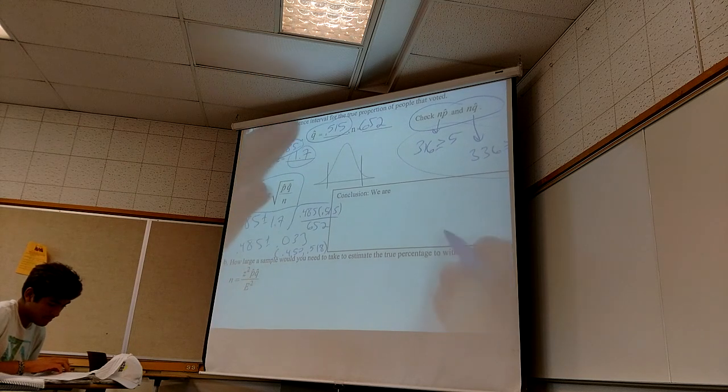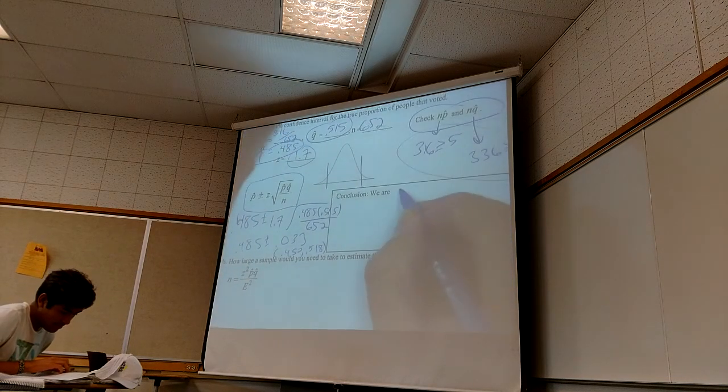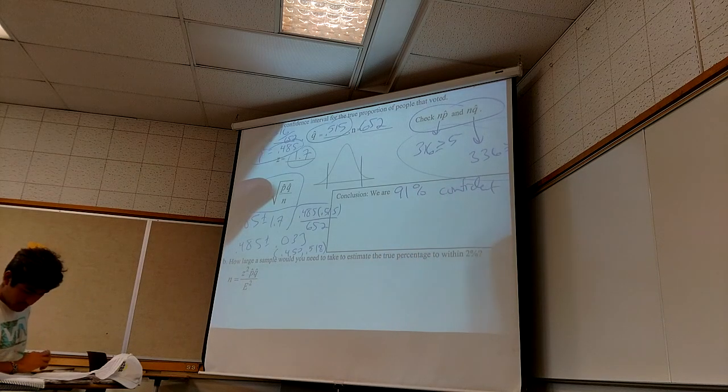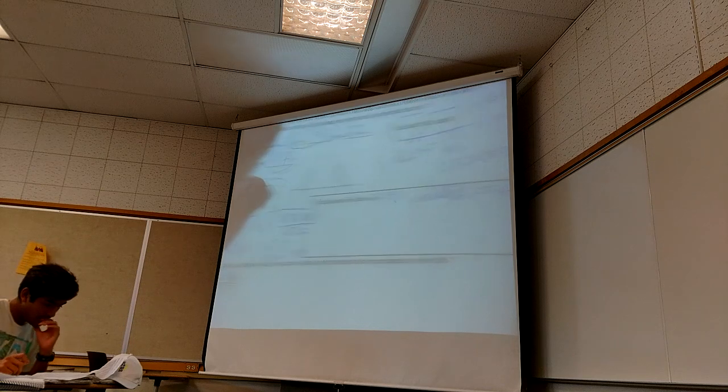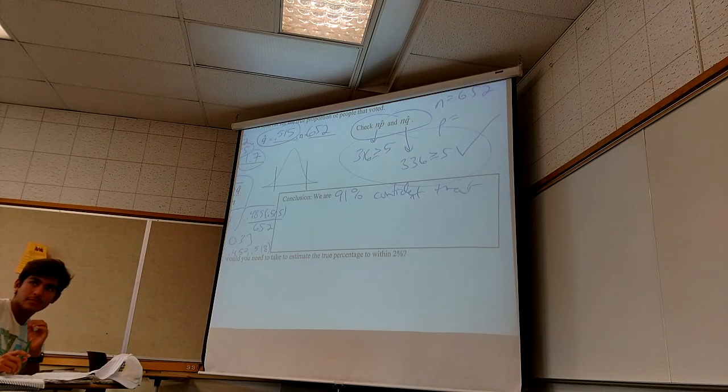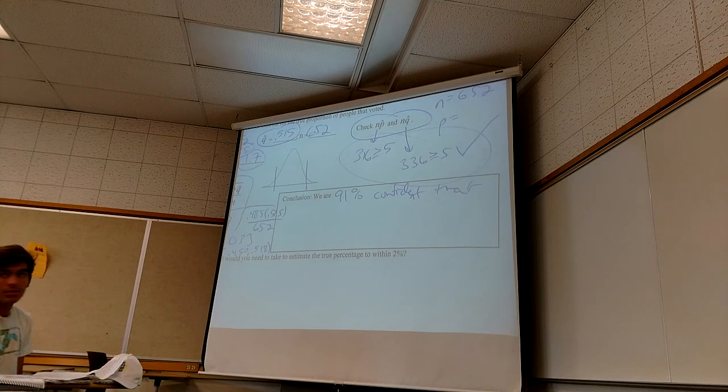All right, continuing on. We are 91% confident that the interval. And it's not just semantics. You never say we're 91% confident that the real percentage is in it, that's the wrong way. The real percentage doesn't fall somewhere, the real percentage is sitting there.